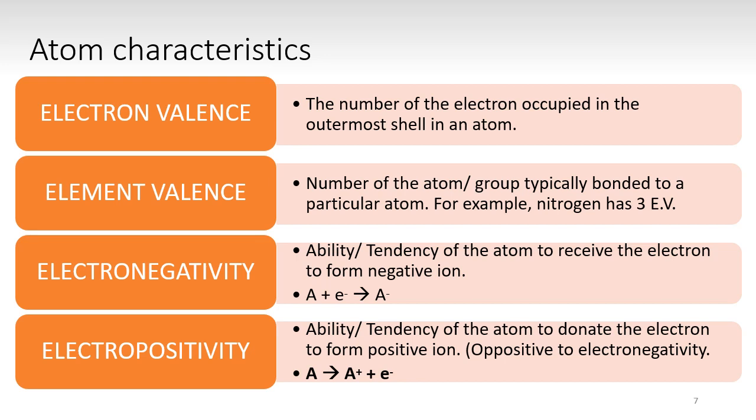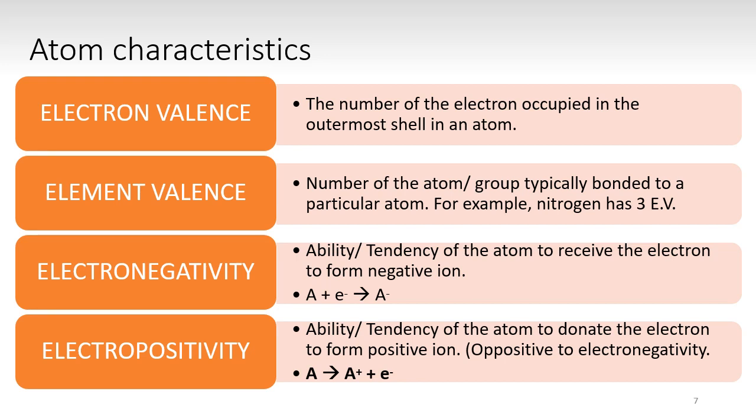For example, nitrogen has 5 electrons in the outermost shell, so its electron valence is 5. The nitrogen has one lone pair of electrons and 3 remaining electrons in the outermost shell. The remaining electrons can bond to 3 different atoms or groups with single bond. Hence, nitrogen has 3 element valence.